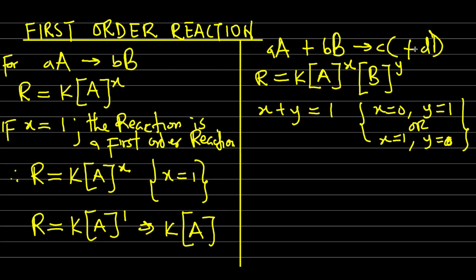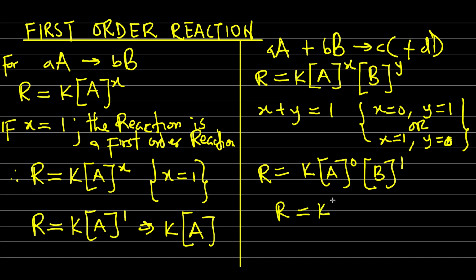So anyhow you want to do it, you can say R equals K into A, x will be 0, B, y will be 1. So this becomes R equals K[B], because anything raised to the power of 0 will be 1. Basically, that's how we write the rate law for the first order.